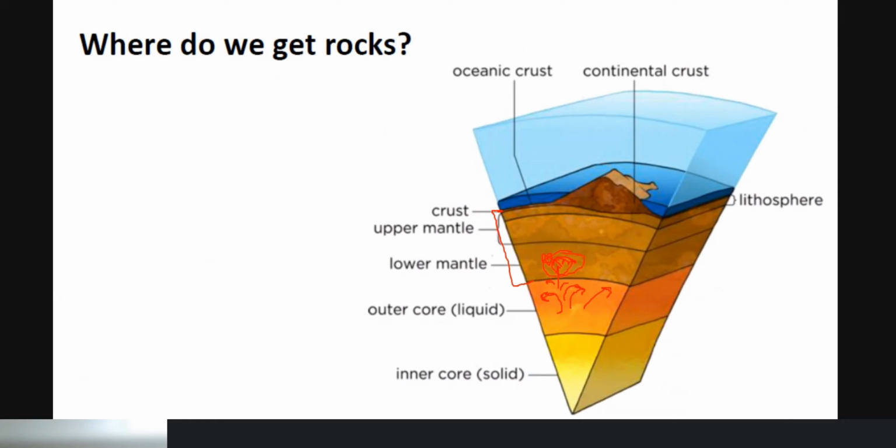When this creates a large ocean of magma, the pressure here is so much higher relative to the crust, with much higher pressure and temperature.